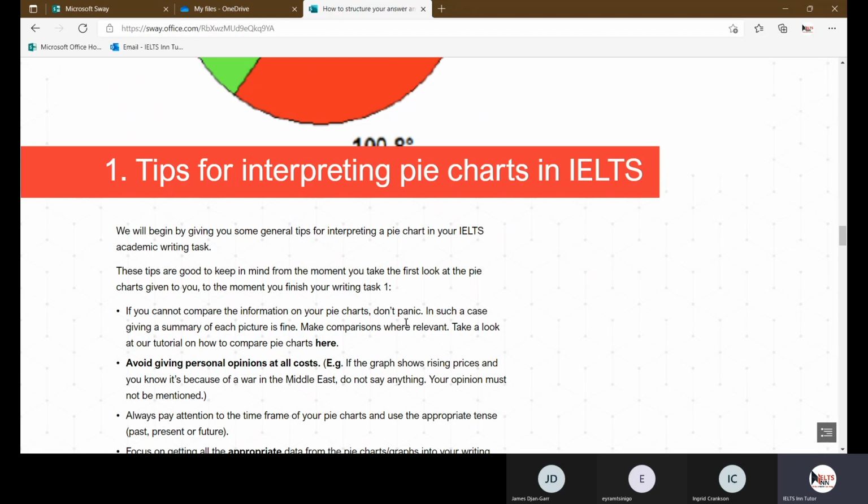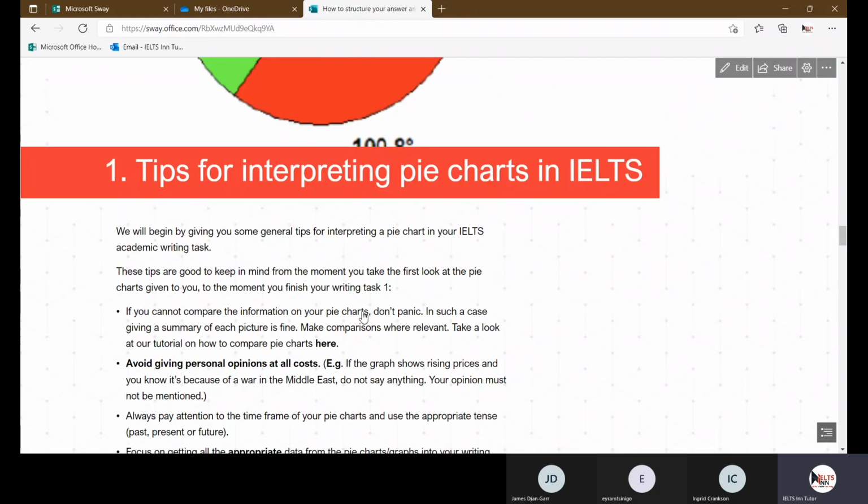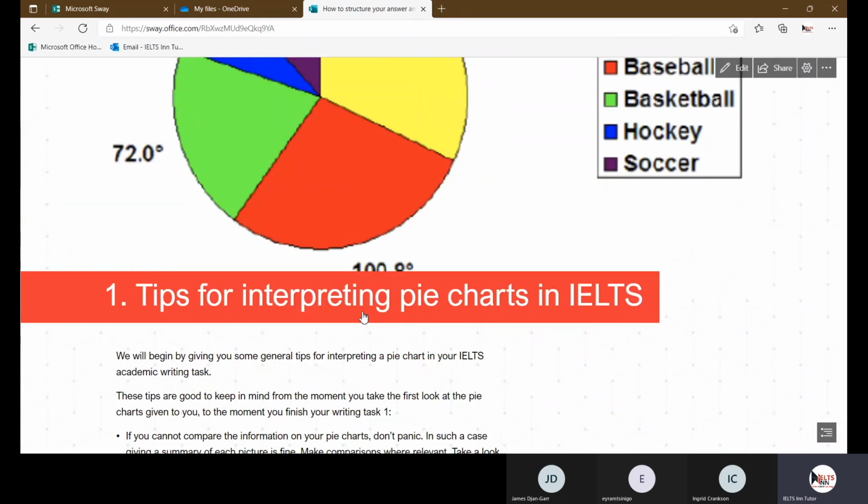You don't need to stress over this. Avoid giving personal opinion at all costs. In IELTS writing task 1, you do not share your personal opinion. This is not an opinion essay. This is not 'to what extent do you disagree'.